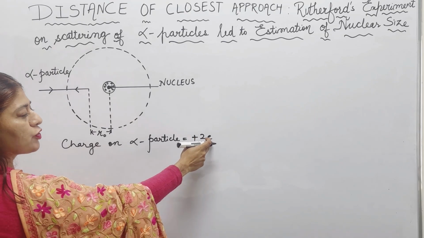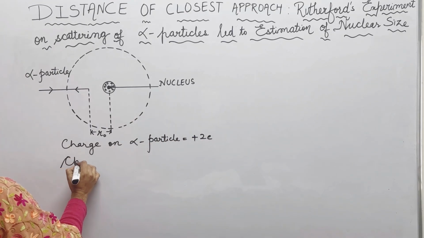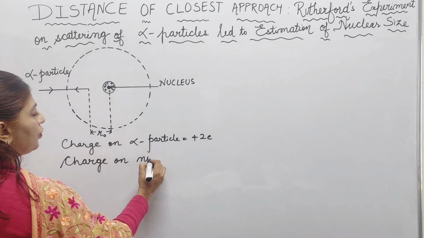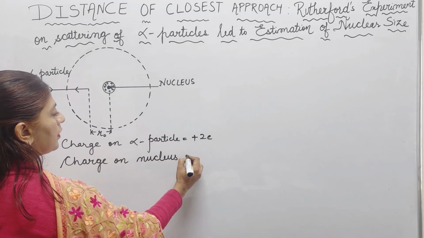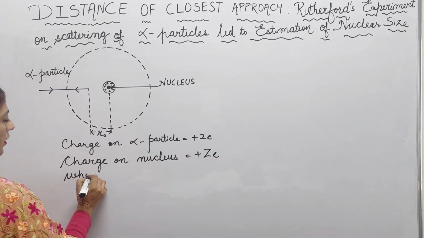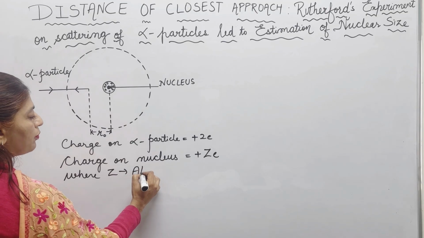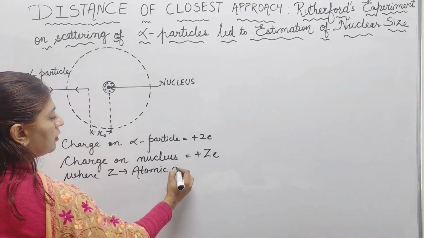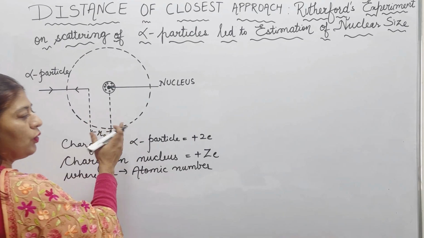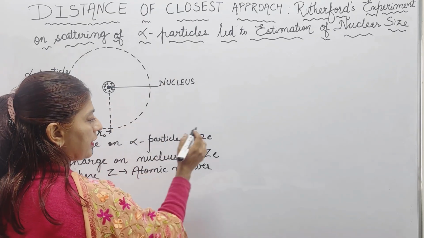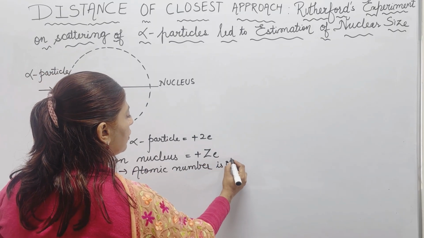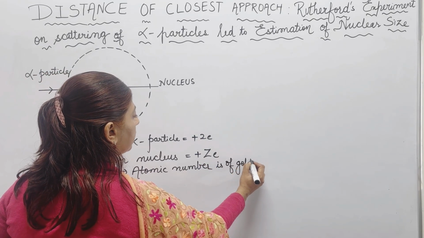Charge on the nucleus is plus Ze, where Z is the atomic number of the metal foil. Here we have taken gold because it is Rutherford's experiment, he took the gold foil. So here the atomic number is of gold.